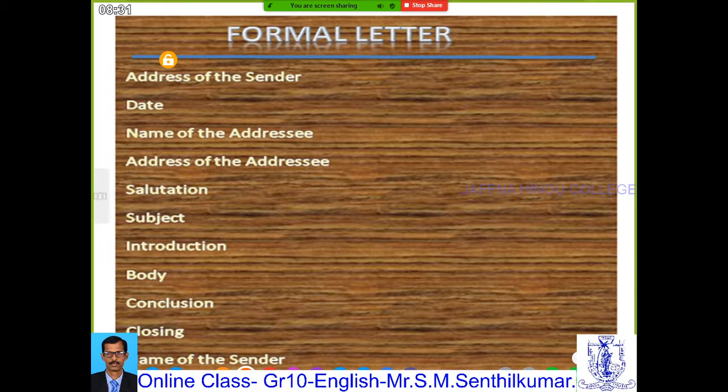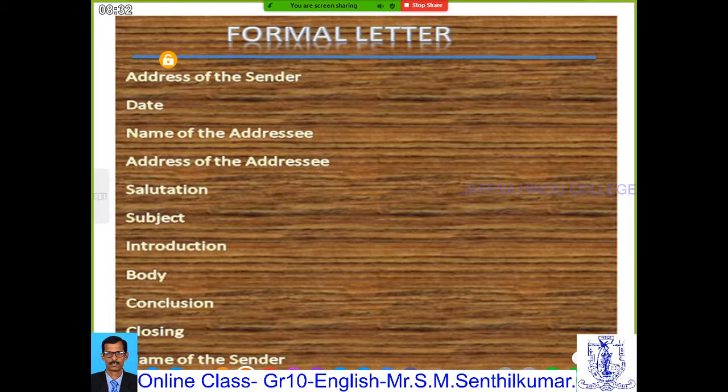If all these components are there in the letter, you can get 1 mark in your GCE O-level exam, right? This is called the format.